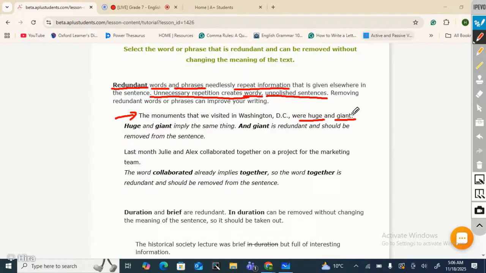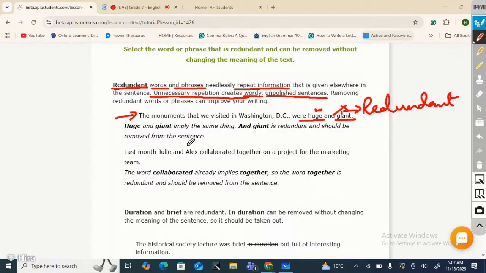And the word giant, which comes later in the sentence, is redundant and should be removed from the sentence. Huge is enough. Here you can end the sentence at this word. You don't need to write this word, giant, because it is redundant.